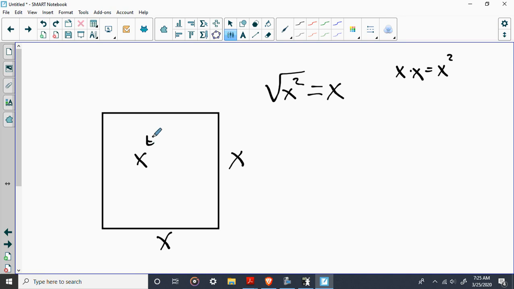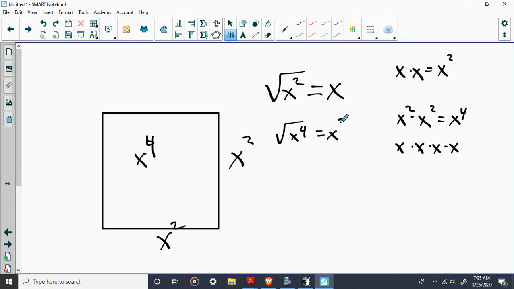What if I said x to the fourth? Well, that would be x squared times x squared, right? You guys all passed the 8th grade, right? You remember that x squared times x squared really means x times x times x times x, which is x to the fourth. So if we took the square root of x to the fourth, that's going to be x squared.